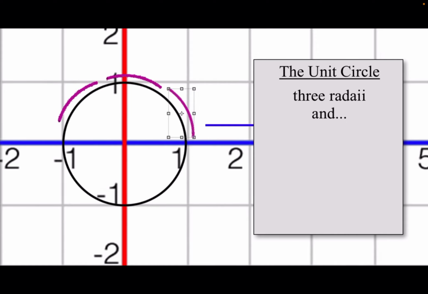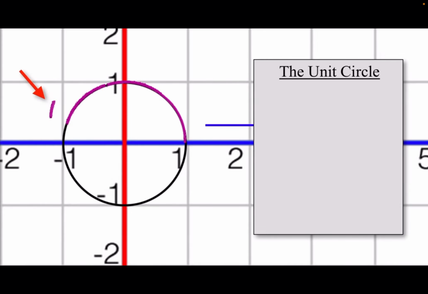But in just a second you'll see that there is just a tiny little piece left over. So the radius will fit around the top hemisphere of the circle 3 times plus a little bit extra, and this little bit extra is 0.14 long.